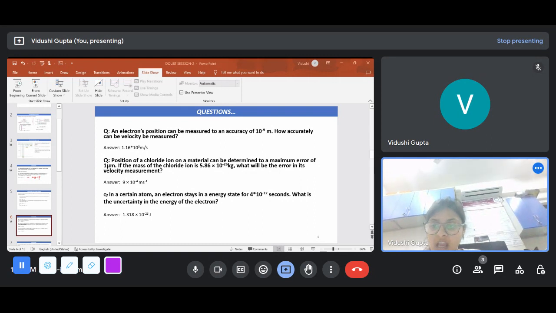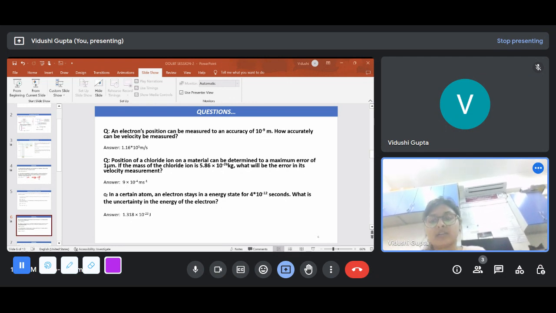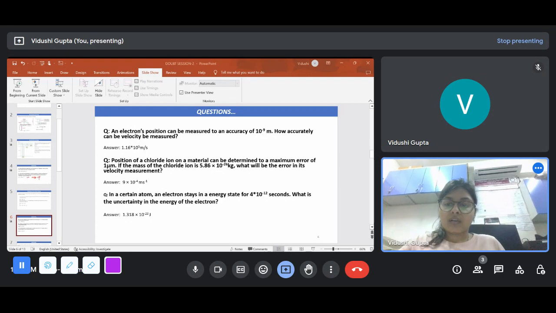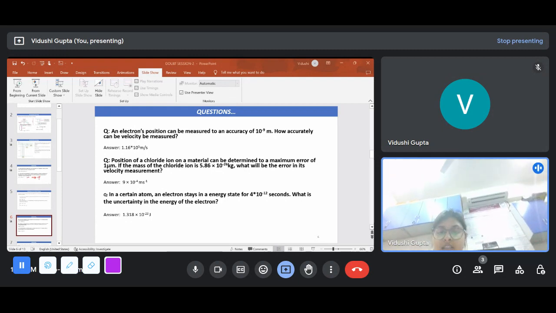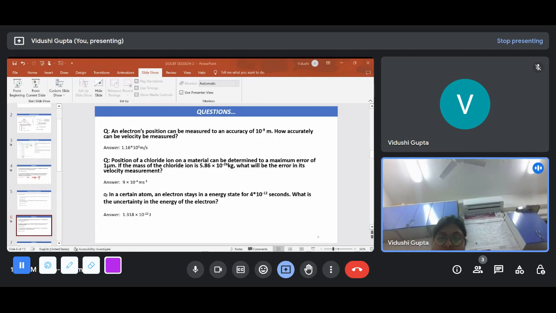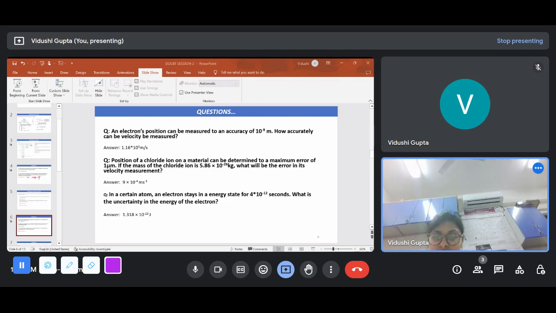In a certain atom, an electron stays in an energy state for 4 into 10 raised to minus 12 seconds. What is the uncertainty in the energy of the electron? So now you have to calculate the uncertainty in the energy. For energy, there's a formula.